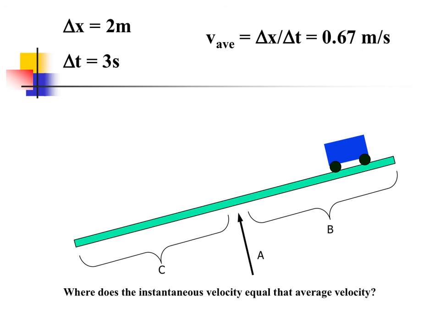So, if I have the block or the little wheel cart moving down the ramp, total distance of the ramp is 2 meters. Time it takes is 3 seconds. Quick and easy math. 2 divided by 3, 0.67.